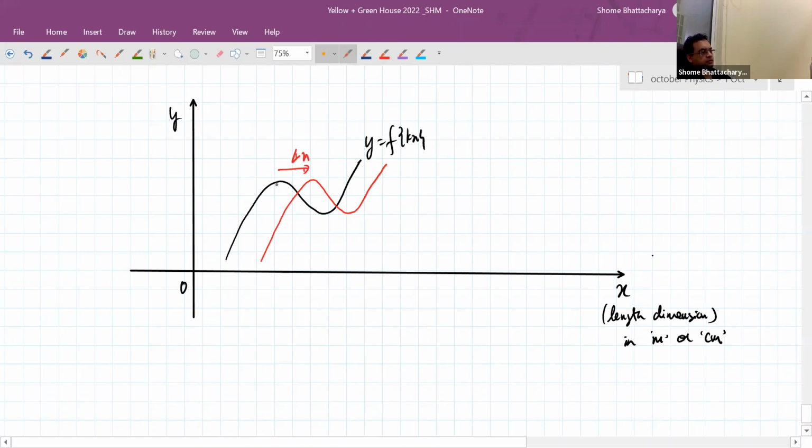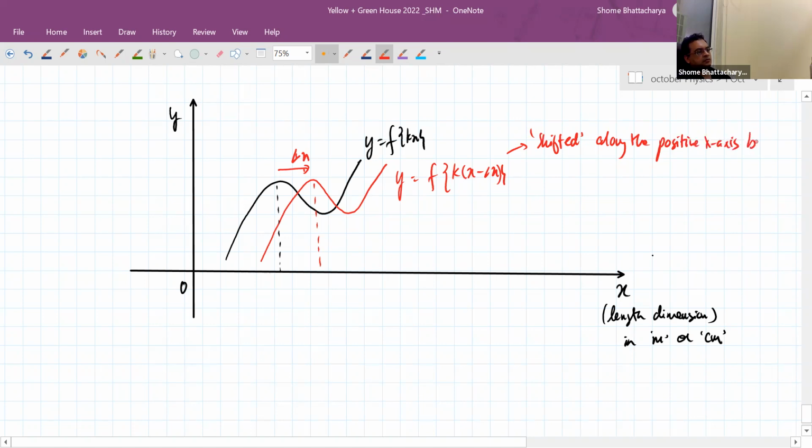So we want the whole wave shape to shift by a distance delta x. x has to be replaced with x minus delta x. So this is to shift along the positive x-axis by delta x.